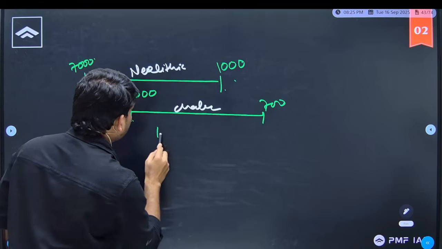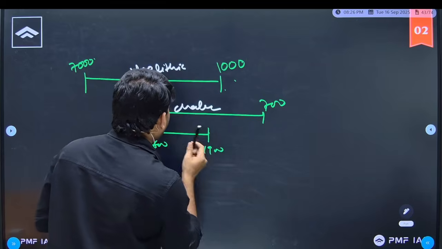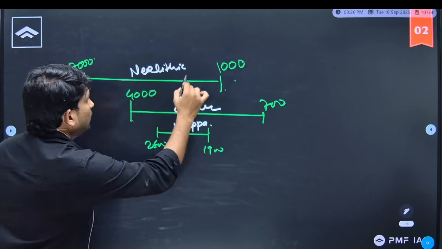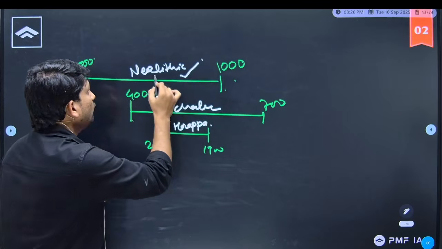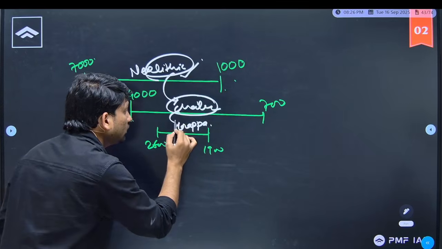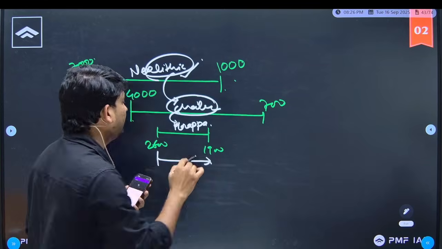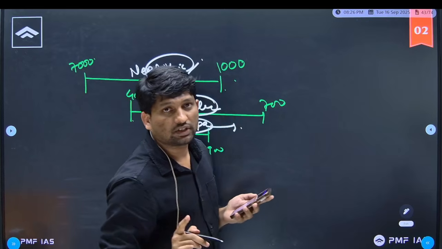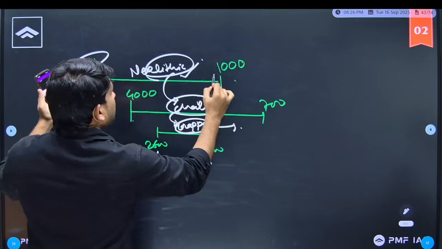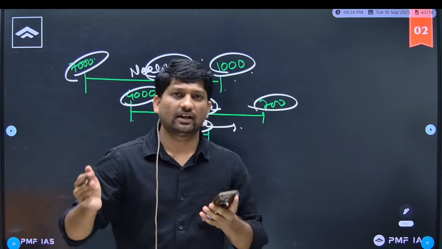And if you consider 2600 to 1900, you will find Harappa culture. So at the same time, you are finding in some regions Neolithic sites, in other regions Chalcolithic sites, and in the northwestern part of the Indian subcontinent, from 2600 to 900, you will find Harappan culture. That doesn't mean everything in this period is Neolithic or everything in this period is Chalcolithic. No, don't consider that. Culture means way of life.